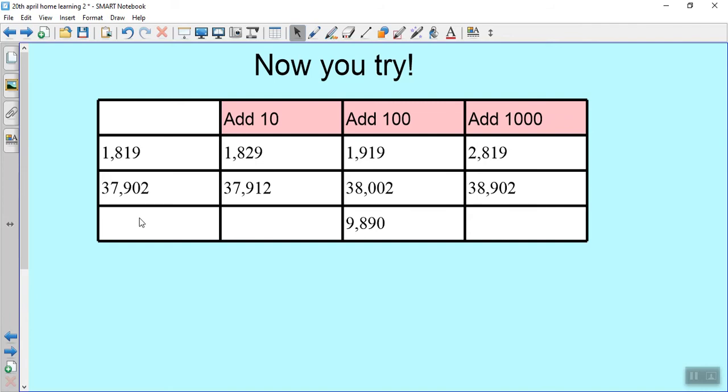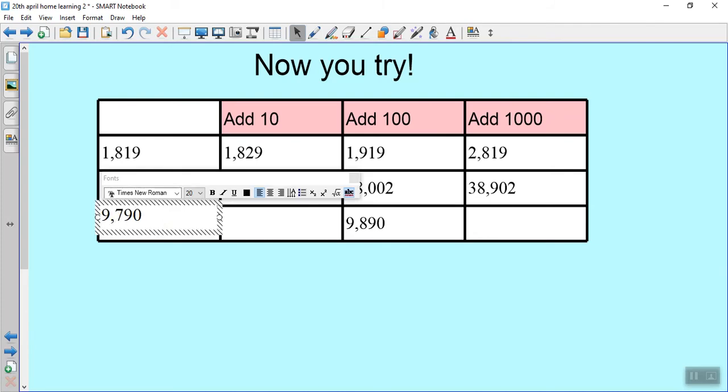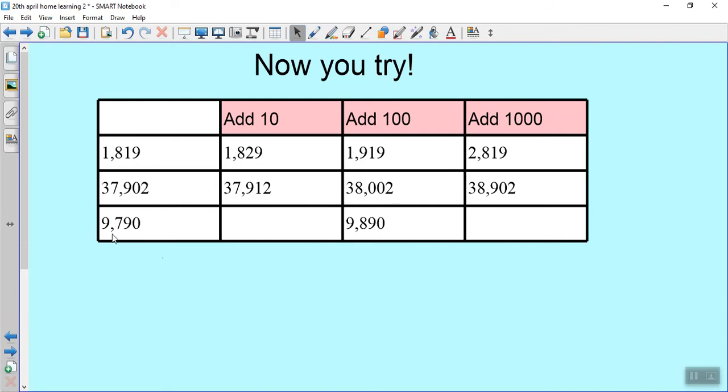Okay, something add 100 makes this. So this take away 100, take away 1 from the hundreds column is 9,790. Let me check. 9,790 add 100 equals 9,890. That's right, because 1 more hundreds. 9,790 add 10. So add 1 more to the tens column. 9 tens add 1 more 10 is 10 tens, which is 100.